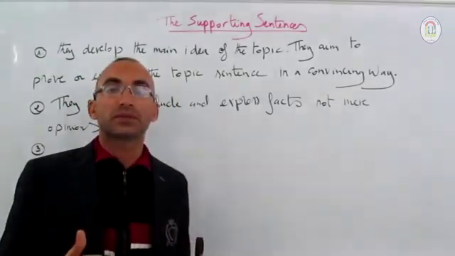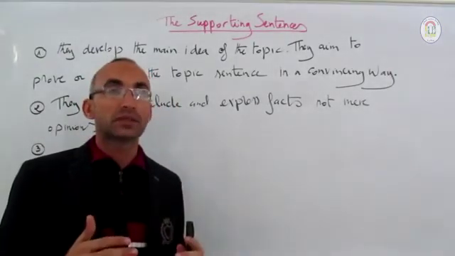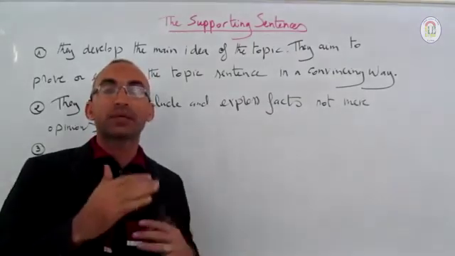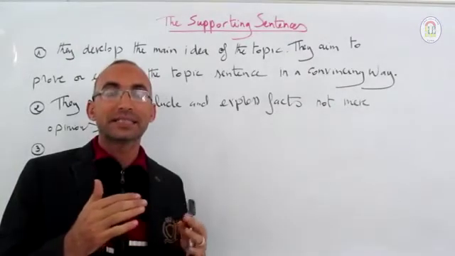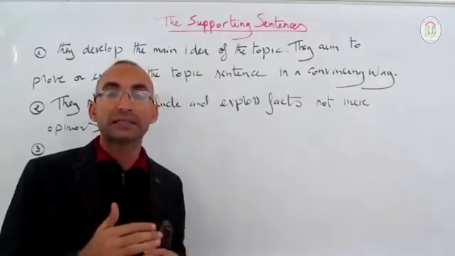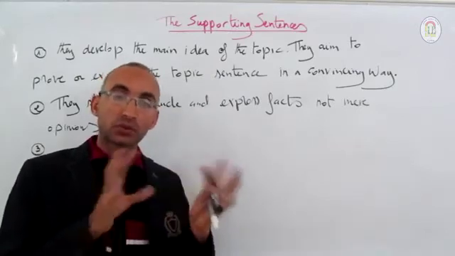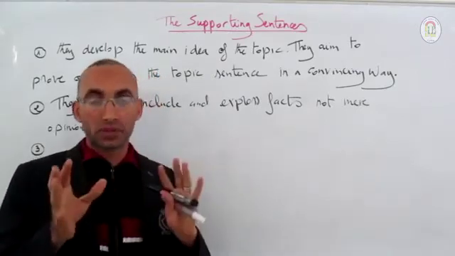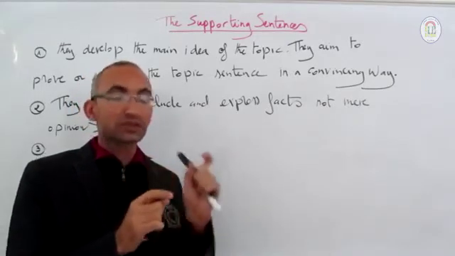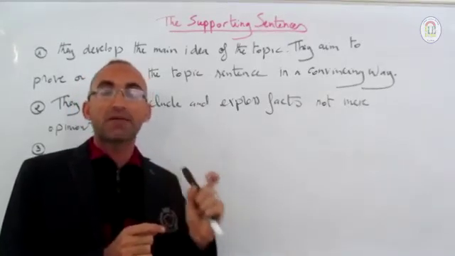Number 3, the third feature about this part, the supporting sentences. You as a writer always try to come up with a division or a combination of major ideas. Usually they are between 2, 3, and 4. Because here you are supposed to develop the central idea, the controlling idea of the topic.